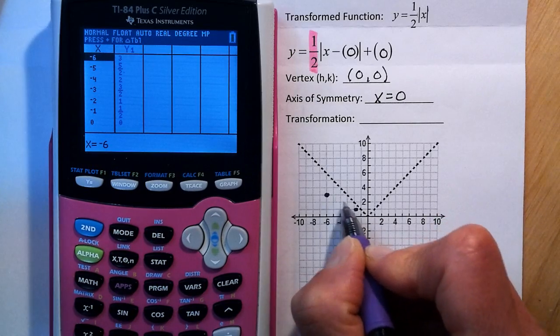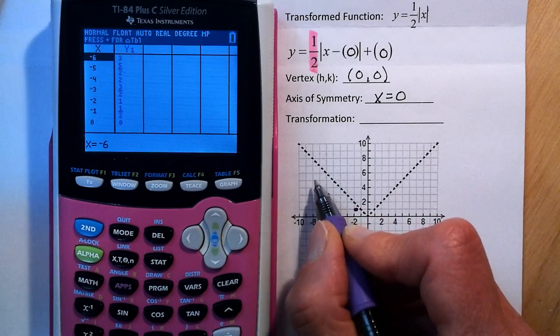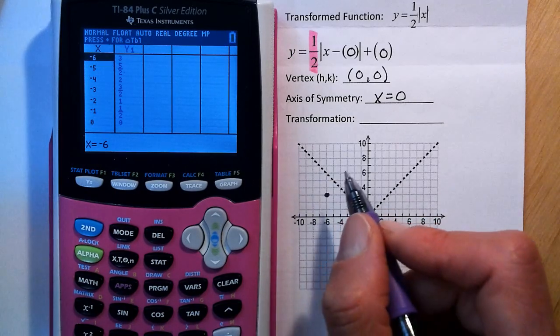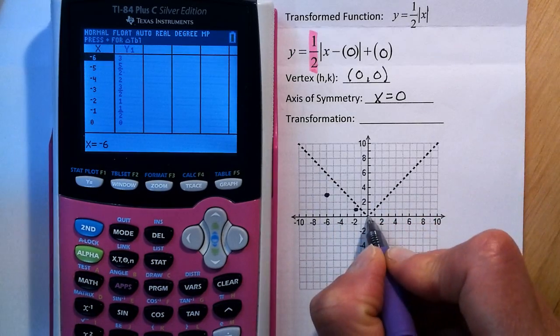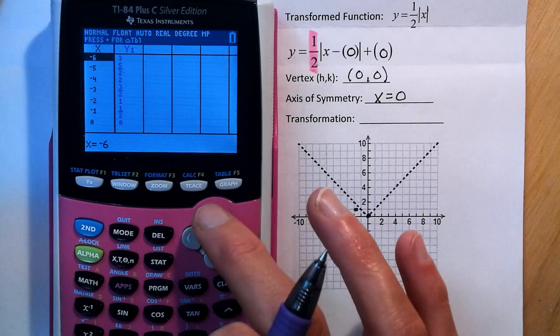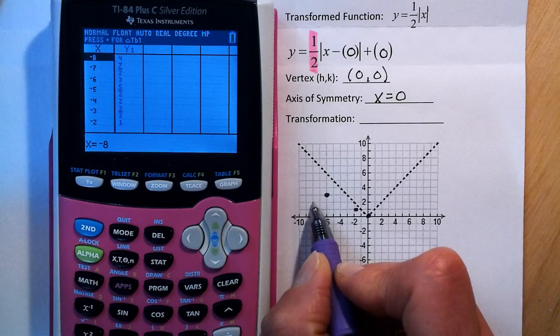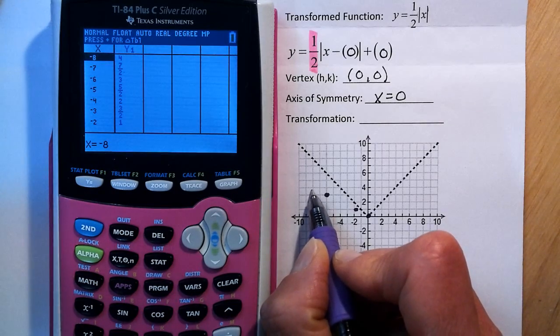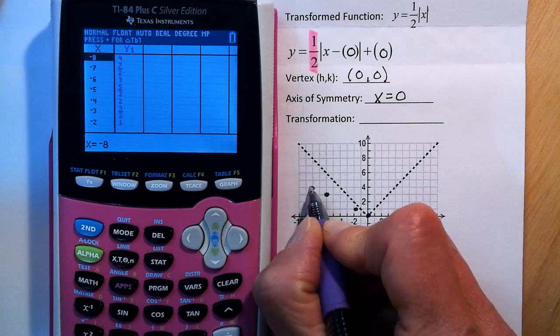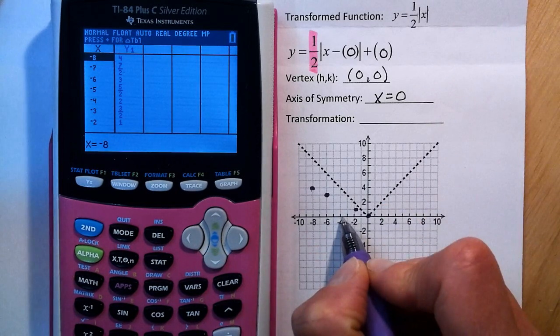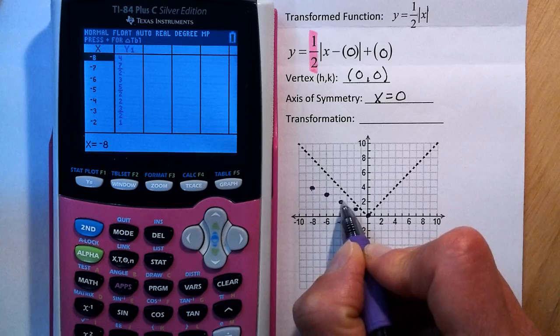So you can see it's already coming down, the slope isn't as steep. And at 0 I have 0. Let's see what happens. I'm going to go up. At -8 I have 4. Okay. And then, did I do -4? I missed that one. At -4, I have 2.